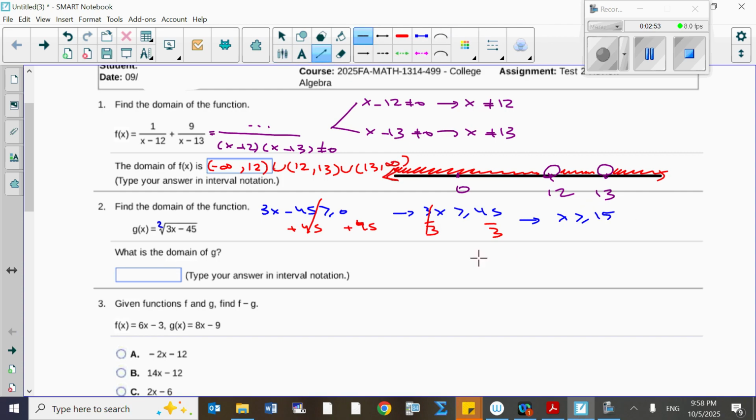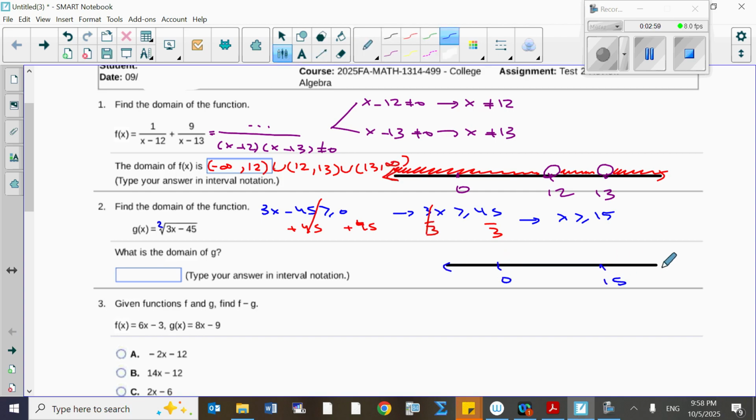Now again, if I show this on the number line, this is 0, this is 15. So it should be everything greater than or equal to 15. So there is a closed circle here, and after that, everything is covered. So the domain will be from 15 to infinity.